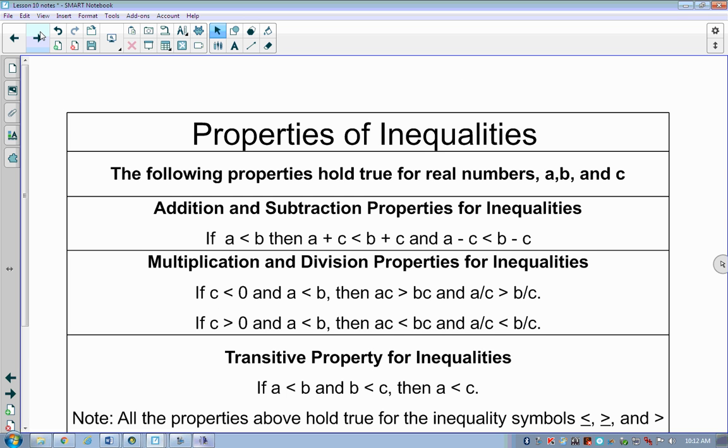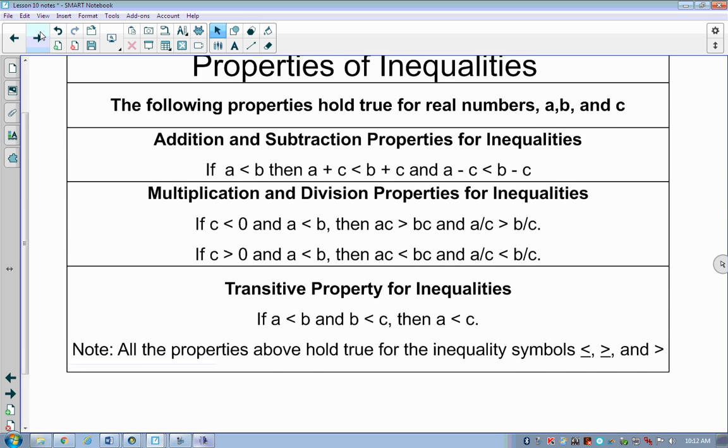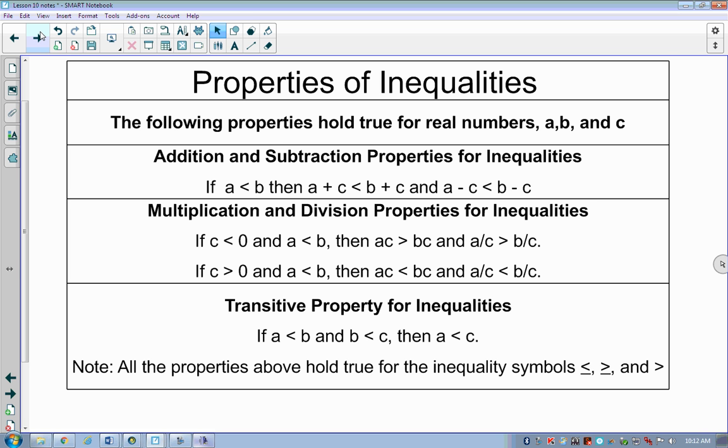So we have these properties of inequalities, things you're probably already familiar with.